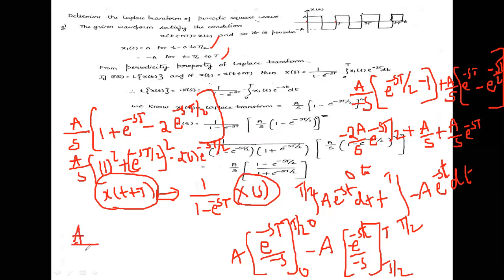So a by s into 1 minus e power minus st by 2 whole square, a simple function, whole square. Got it, my dear students? And it is multiplied with 1 minus e power minus st, because it is a periodic function, my dear students.